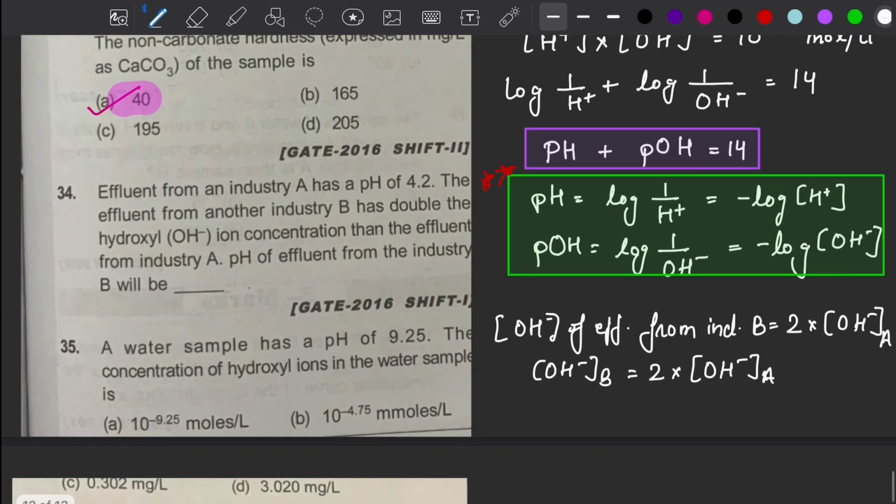And they have given the pH of industry A. So pH of A is 4.2.